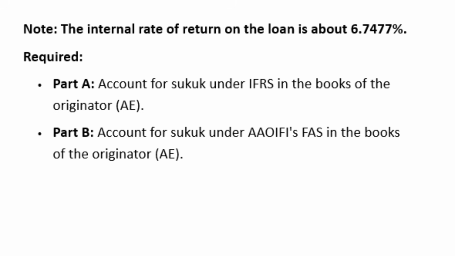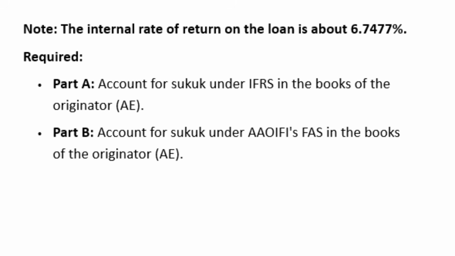You are required to account for Sukuk under International Financial Reporting Standards in the books of the originator, that's AE. The second requirement is to account for Sukuk under the Accounting and Auditing Organization for Islamic Financial Institutions in the books of the originator.